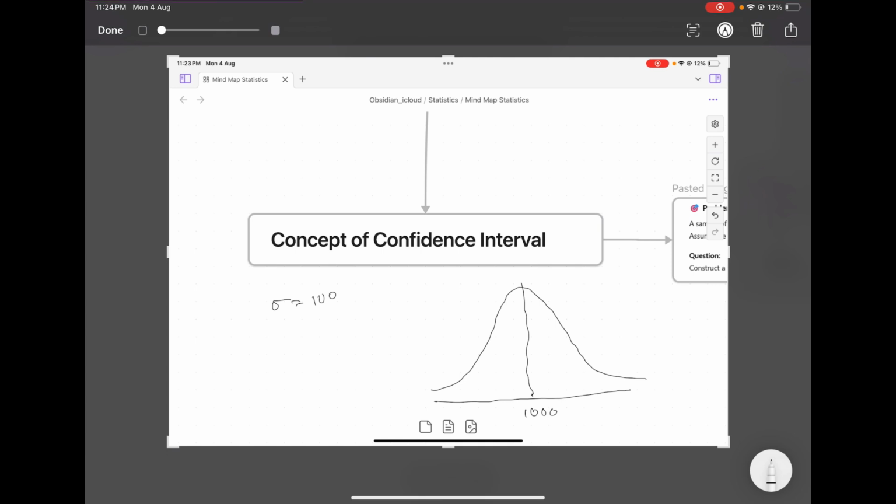So you can ask the question, what is the confidence that a bulb lasts between these many hours?